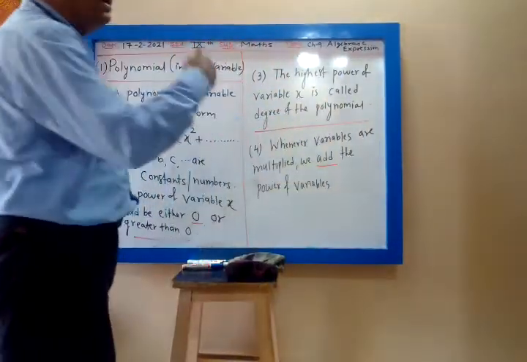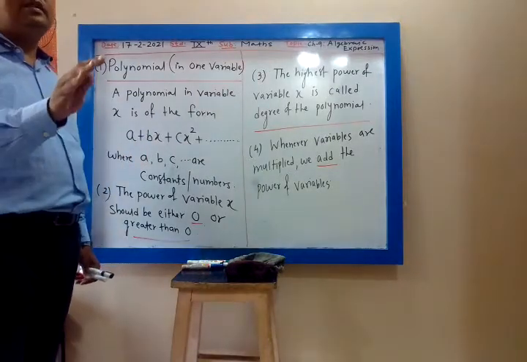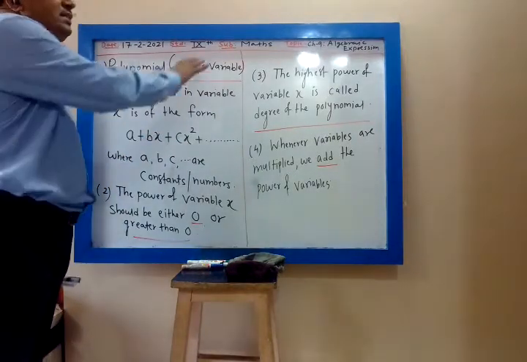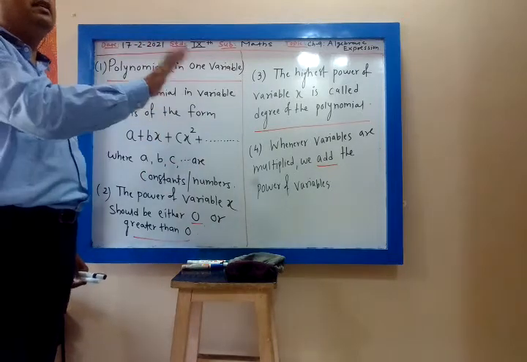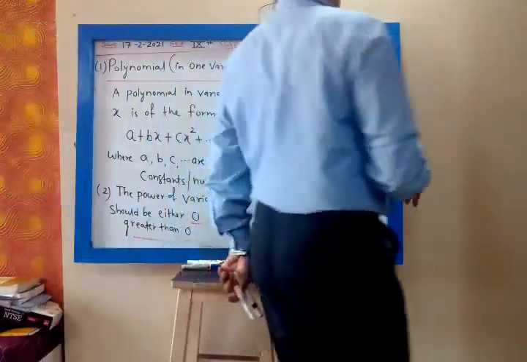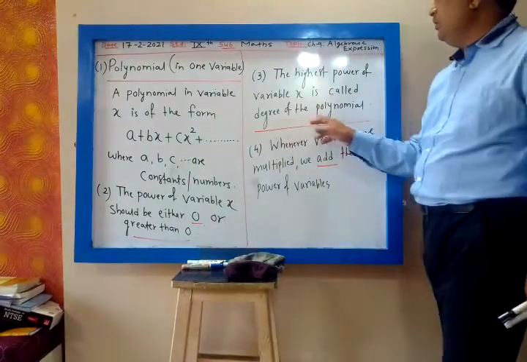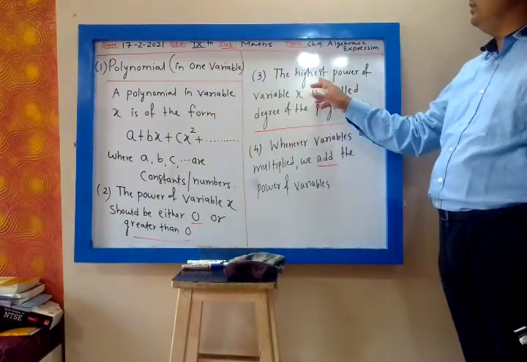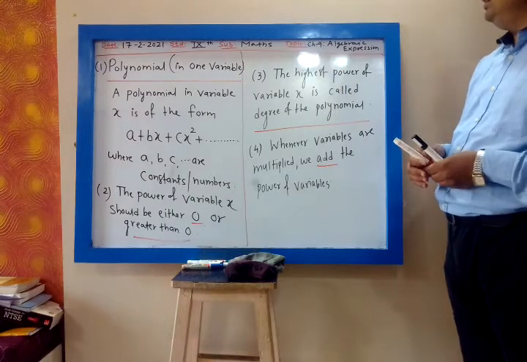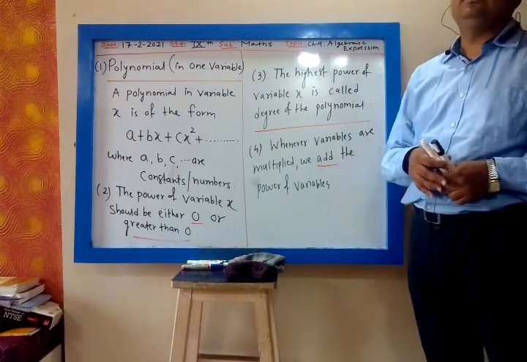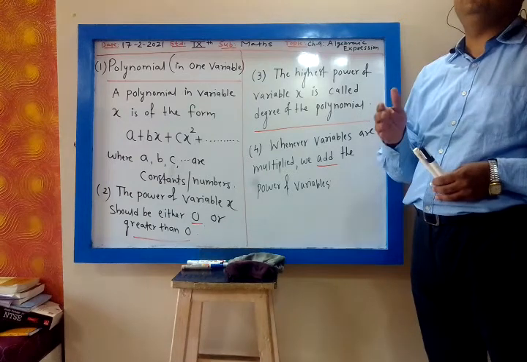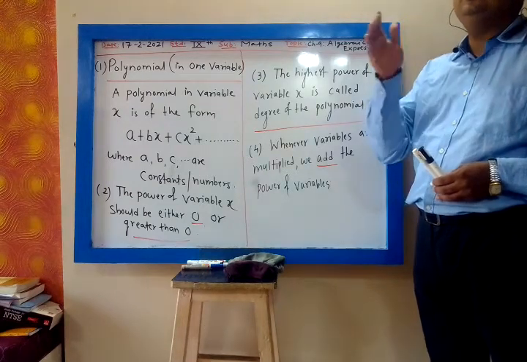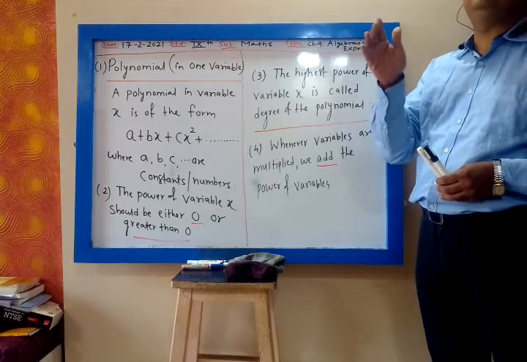And now exercise 9.4. To solve exercise 9.4, we need this explanation. What is polynomial? What is degree of the polynomial? Degree of the polynomial, it is the highest power of variable x. For example, if the variable x has power 2, 3, 4, then among those power we select the highest power.